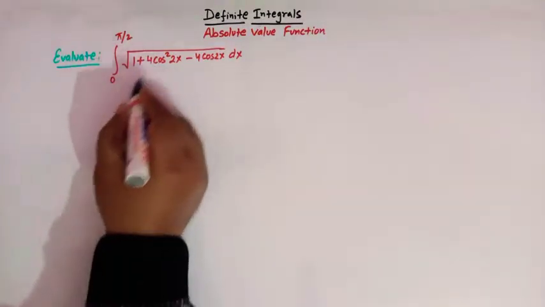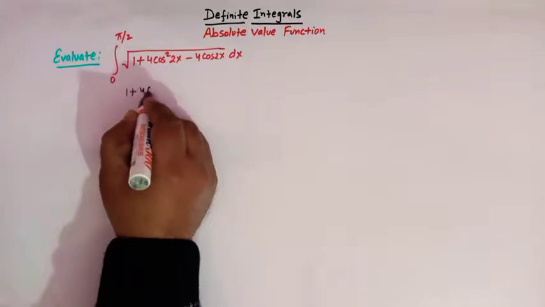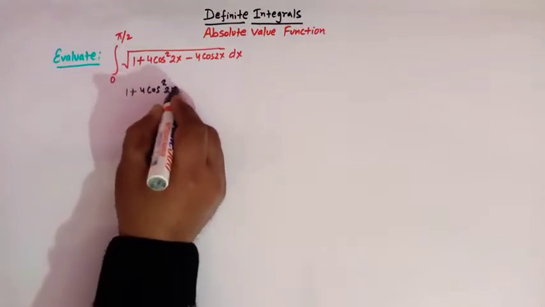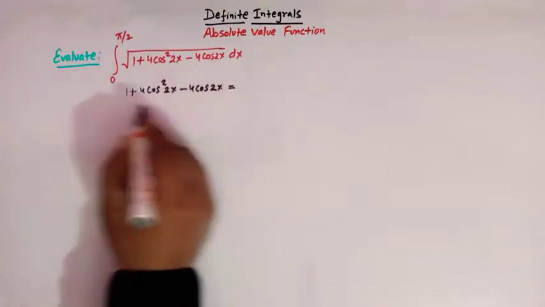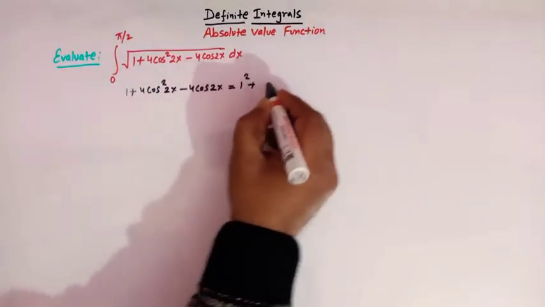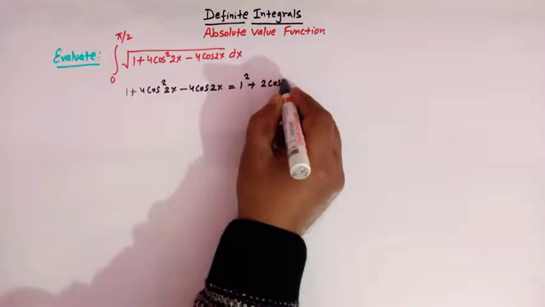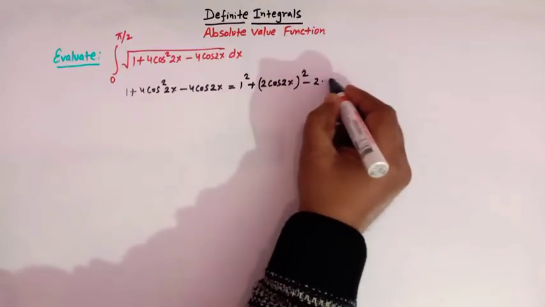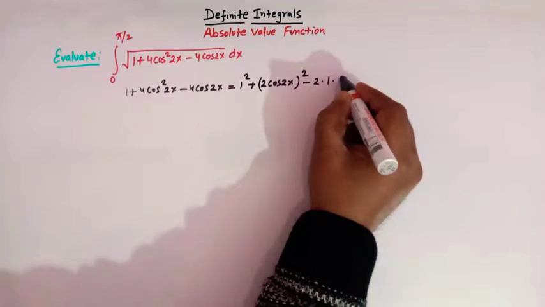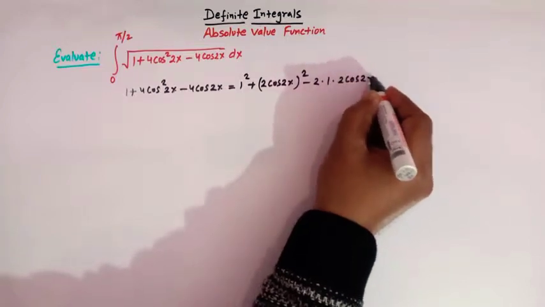Here we have 1 plus 4 cos square 2x minus 4 cos 2x. It can be written as 1 square plus 2 cos 2x whole square, then 2 times 1 times 2 cos 2x.